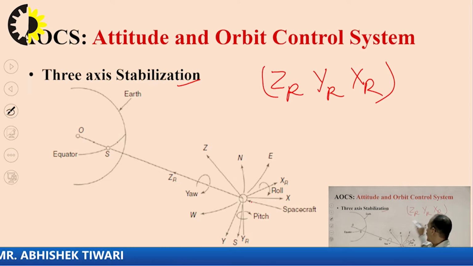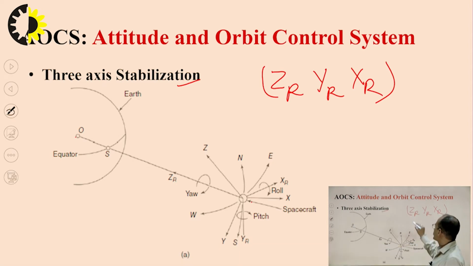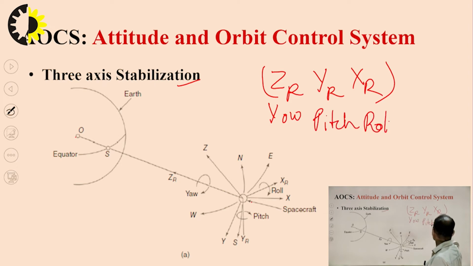So these are with respect to the earth or the center of the earth, and are also called yaw, pitch and roll, means you are using three different positions to maintain the attitude and orbit of the satellite.